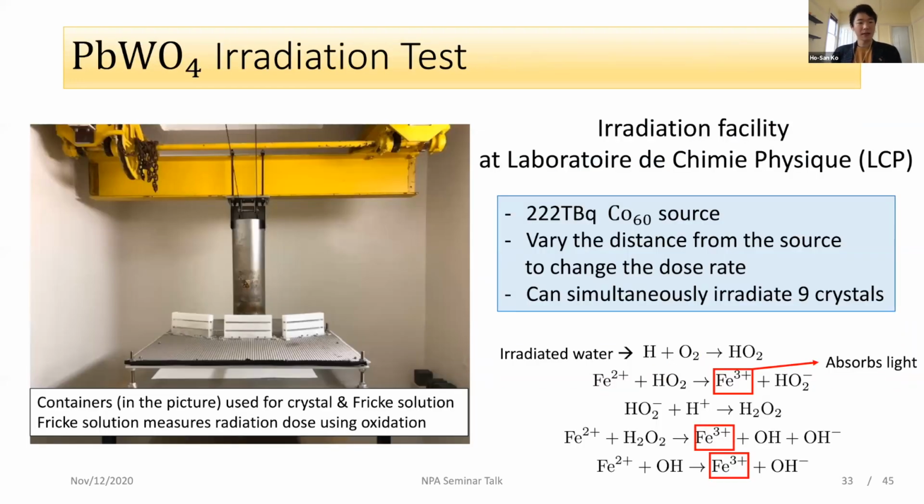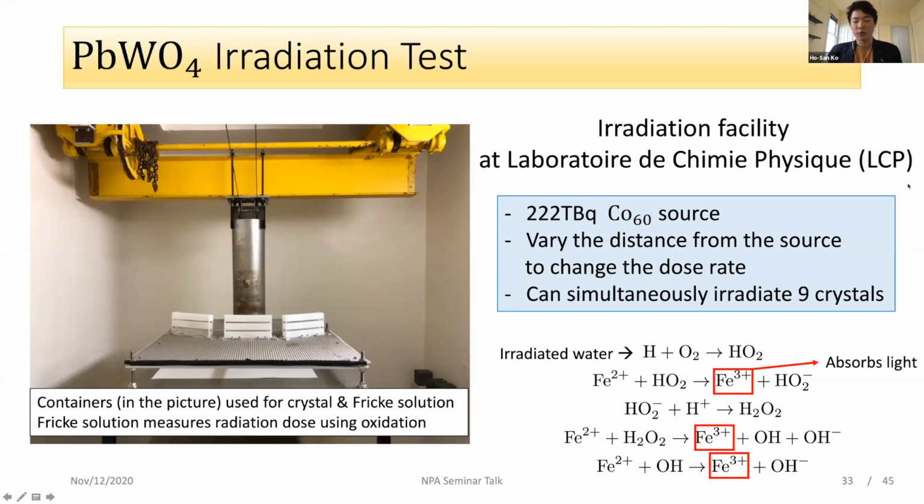And the next section is the irradiation test. The lead tungsten crystal has high energy resolution and is tolerant to radiation damage, but there still exists some radiation damage to the crystal, and we tested them in LCP, which is now part of the IJC lab.